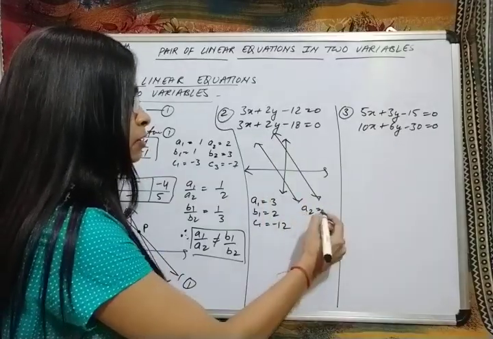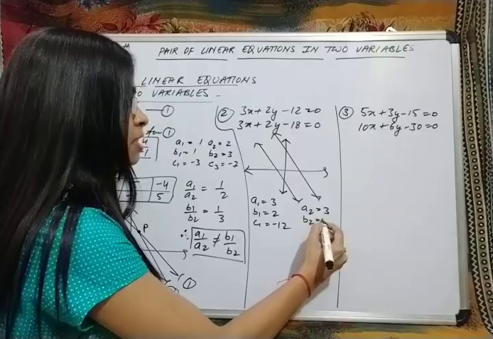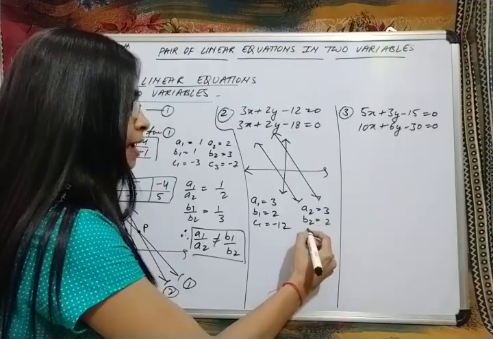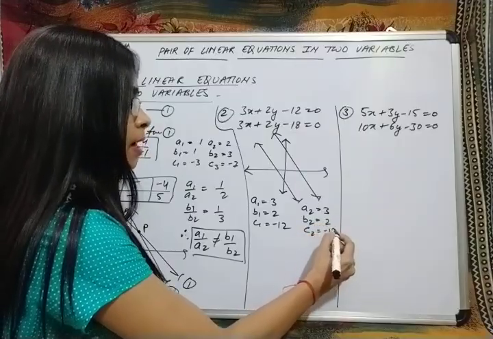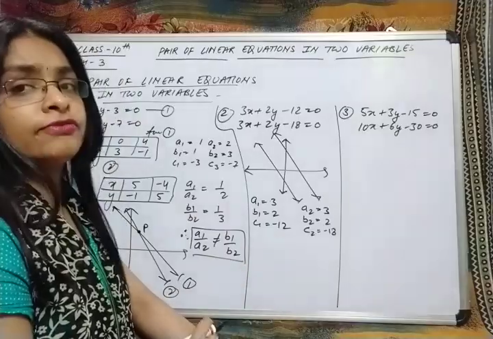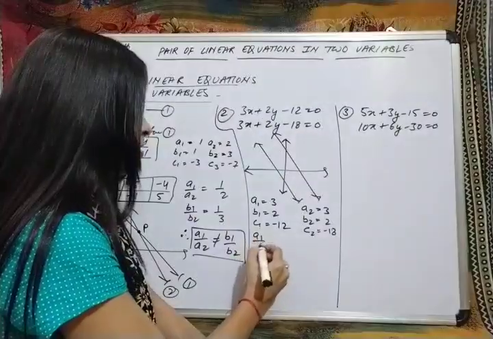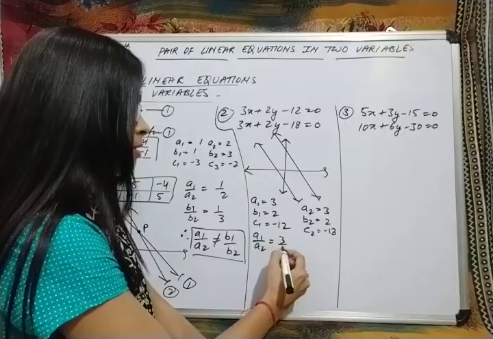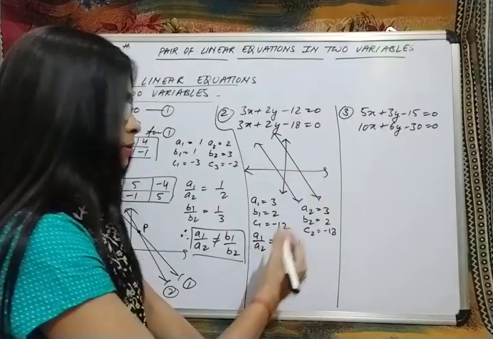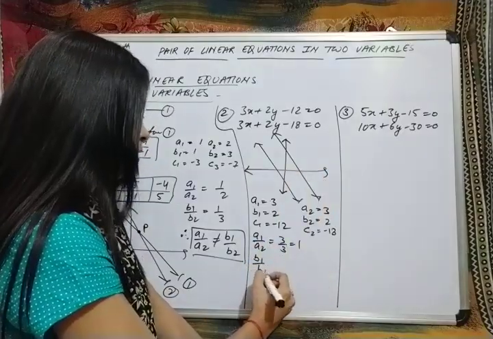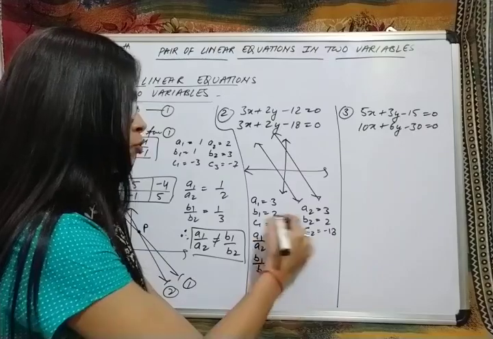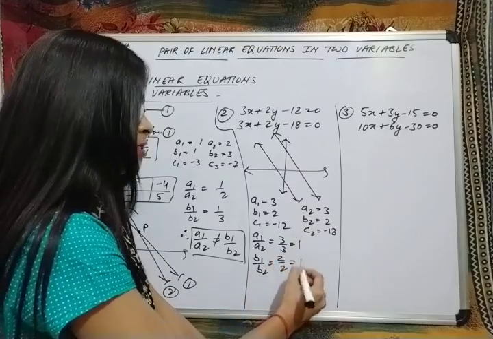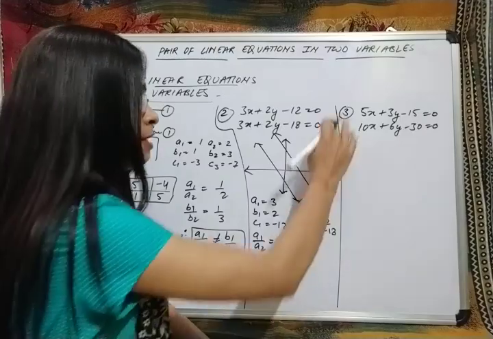A2 is equal to 3, B2 is equal to 2, and C2 is equal to minus 18. Now we'll find the ratios. A1 upon A2 is 3 by 3, that is 1. Similarly B1 upon B2 is 2 by 2, which is also equal to 1.